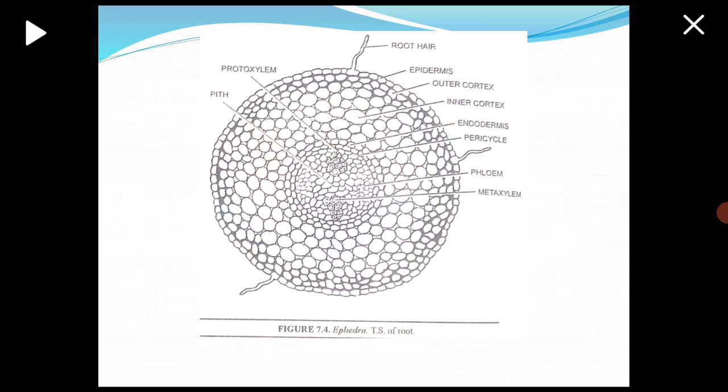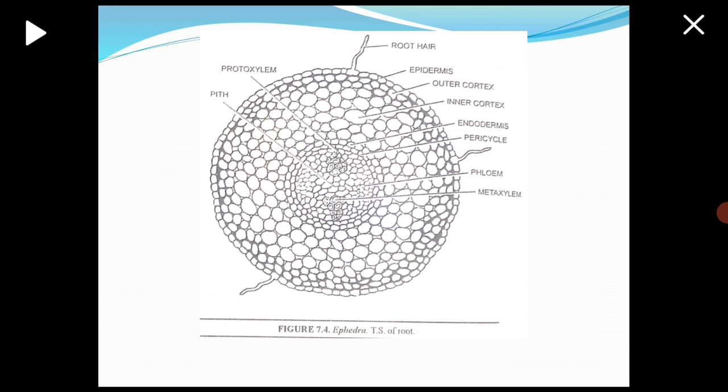Inner to the epidermis is the cortex. The broad zone of cortex is differentiated into an outer few-layered collenchymatous outer cortex and an inner multilayered parenchymatous inner cortex. The innermost layer of the cortex forms the endodermis, and the endodermis is followed by a single-layered pericycle consisting of thin-walled cells.